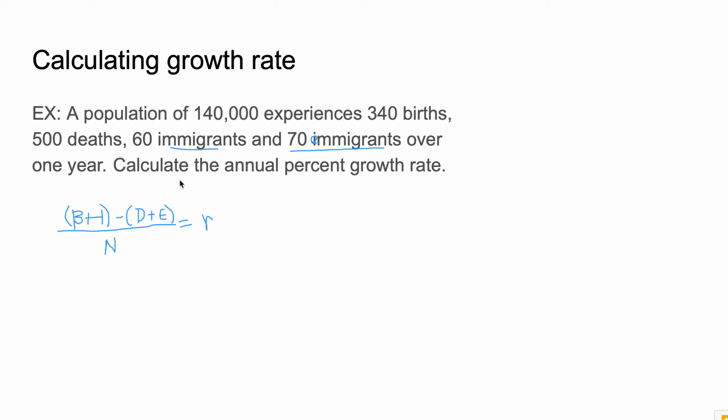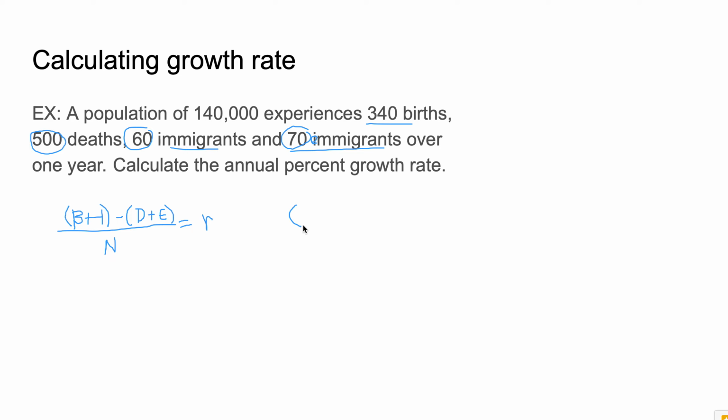Okay, so births is 340, immigrants is 60, deaths is 500, and emigrants is 70. And for this, it's really important to remember your rules of order, that you want to calculate what's in the parentheses first, and you have to keep that PEMDAS, keep your order of operations correct.